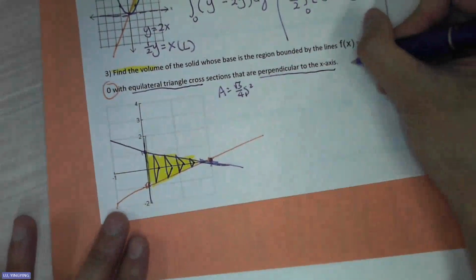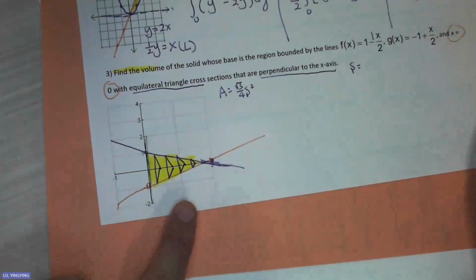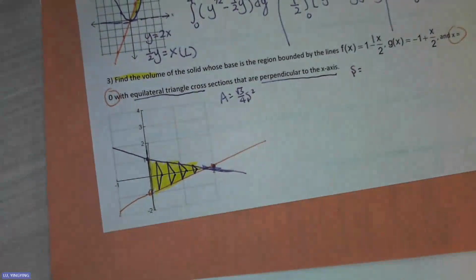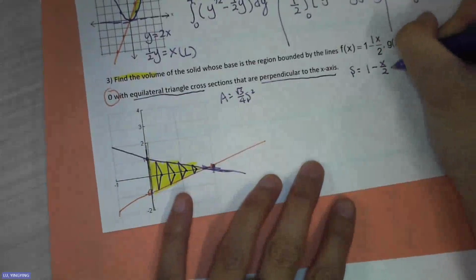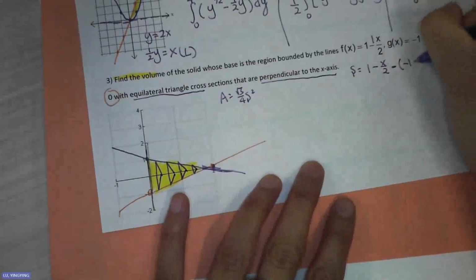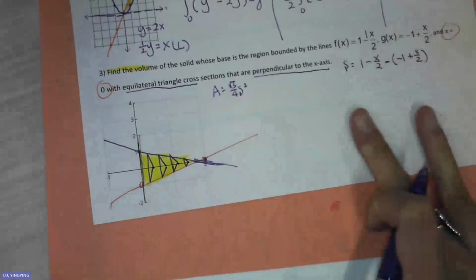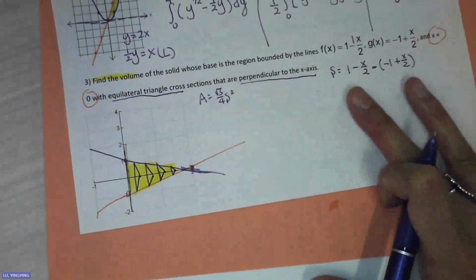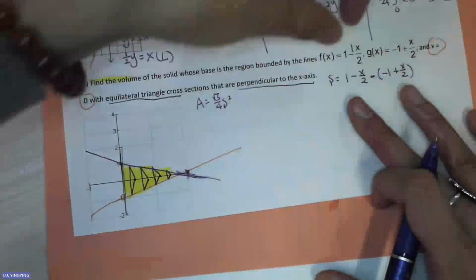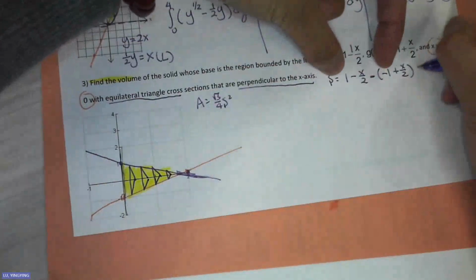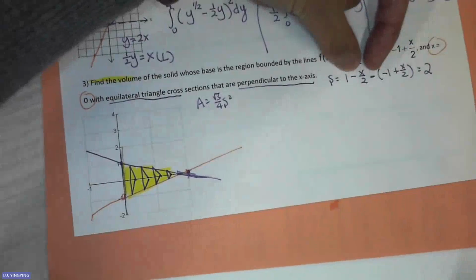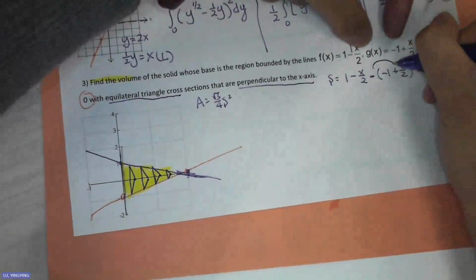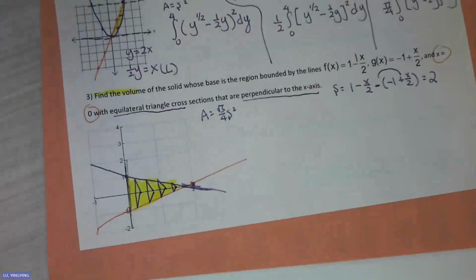Now, let's talk about the s first. S is top minus bottom. Which one's on the top? Yeah. 1 minus x/2 subtract -1 plus x/2 in parentheses. Simplify. No one wants to integrate this. Trust me, no one. If you simplify this, it is 1 minus -1, which is 2, minus x/2 minus another negative x/2, which is minus 2x/2, which is minus x, right?